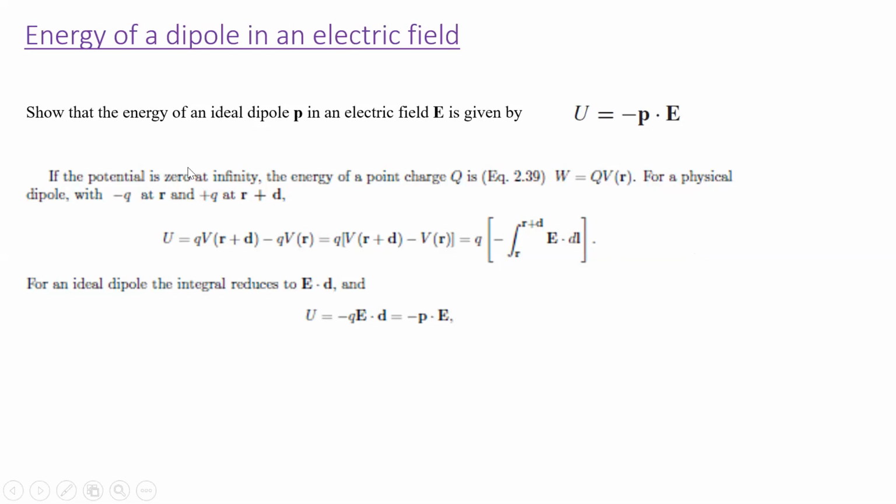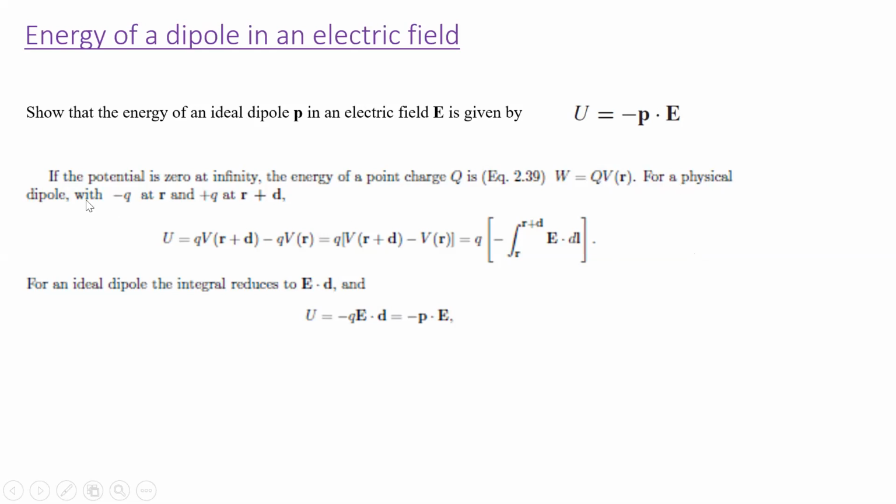And just a quick proof of that. The ideal dipole has 0 and infinity. Its potential is 0 at infinity. The energy of a point charge Q is that charge Q times the potential.